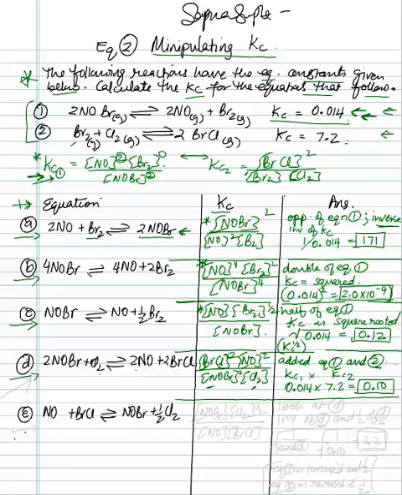All right, the last one: NO plus BrCl to give you NOBr plus half of Cl2. Now in this case, it's a little bit different, and I want you to look at D for this one, and you will see that it is the inverse of D and half of D. Which means we have to do two manipulations here.